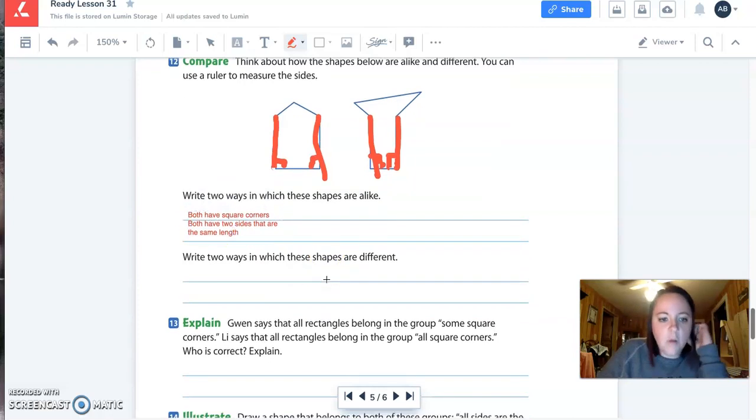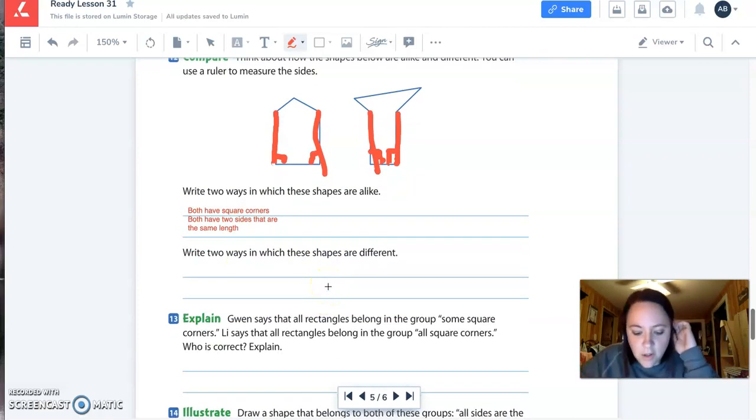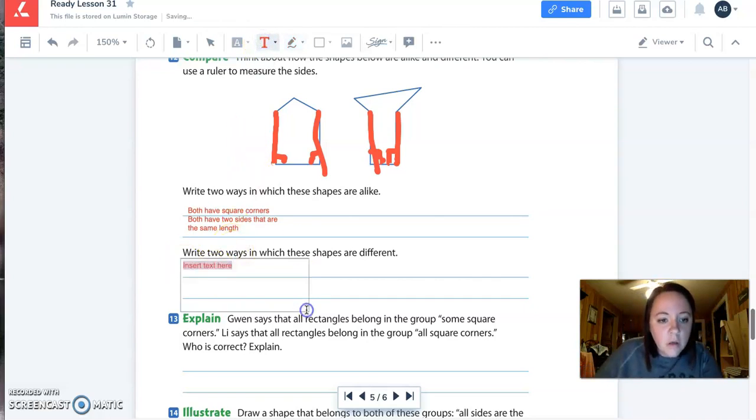All right. Write two ways in which these shapes are different. So on my paper, I have already said how they are different. It looks like to me that one shape, let's see, 1, 2, 3, 4, 5, 1, 2, 3, 4, 5, 6.